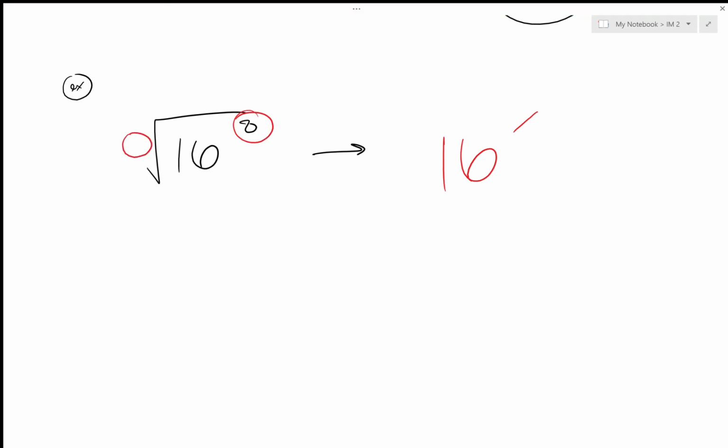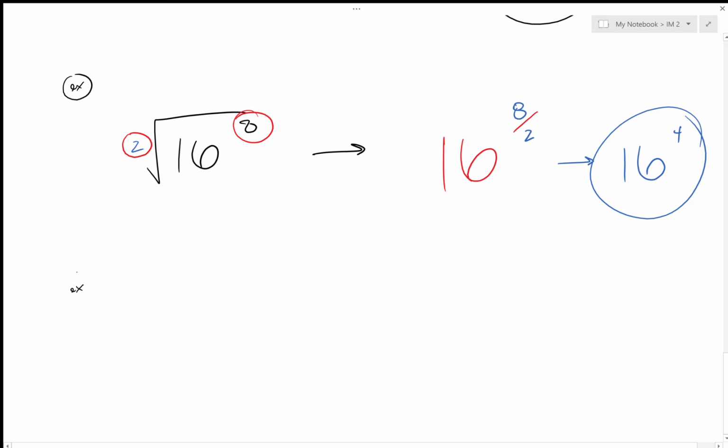Remember, I told you if we don't see that number in the front, it's an invisible 2. So we can actually write that now. Number that stays on top is 8, bottom number is 2, and we actually can simplify this to a 16 to the power. 8 over 2 is 4. So really not a rational anymore, but still exponent form.